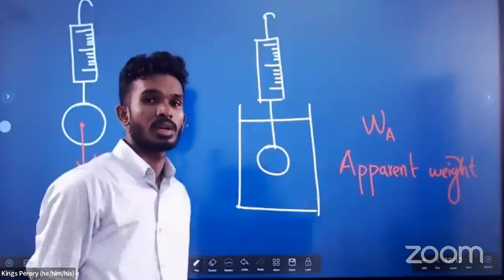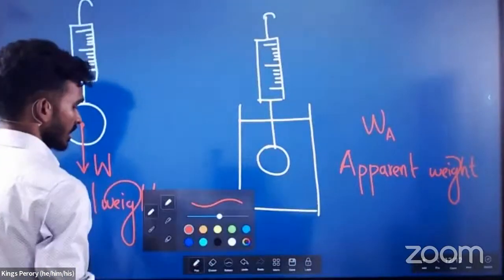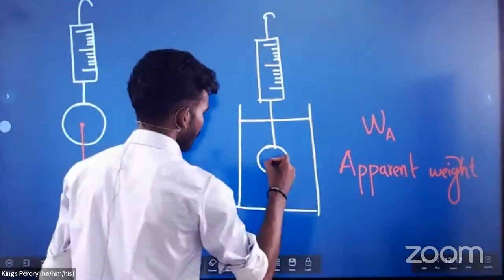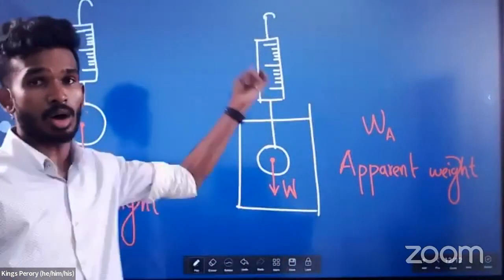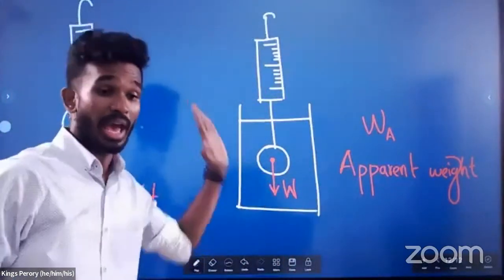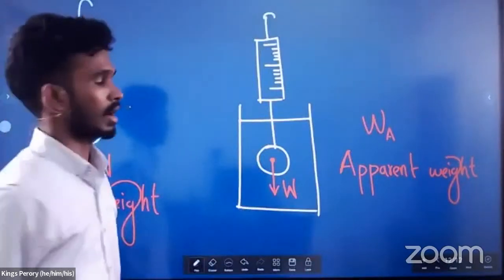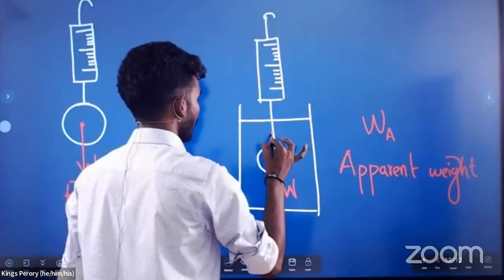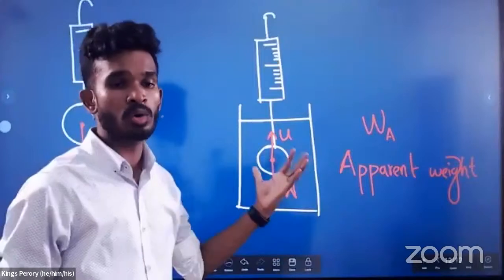Why do we feel that the weight is less now? What's the reason? The reason is this. Real weight is acting down. But when the object is immersed in a fluid, additionally there is an upward force. What is that upward force? Upthrust. When there is an upward force, what will happen to the overall downward force?